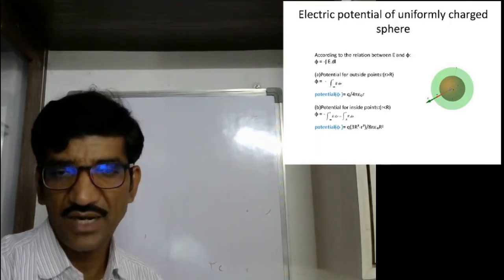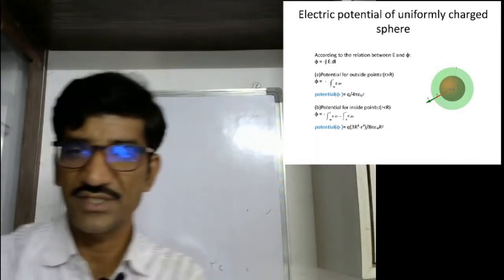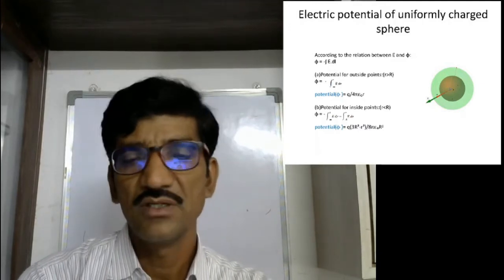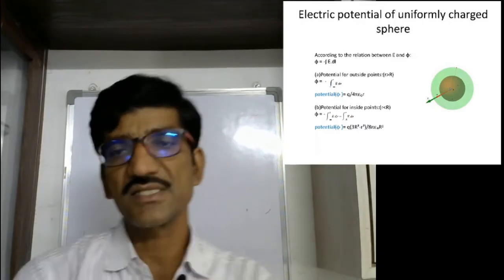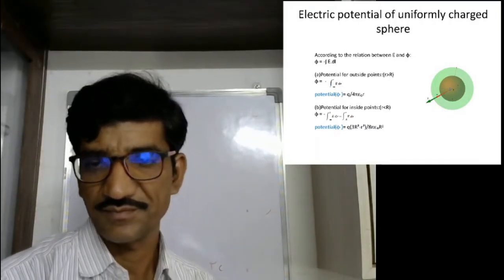Phi at the inside points, which we derived just now, is q by 4 pi epsilon naught r cube into 3r square minus r square, which you can see on this slide.